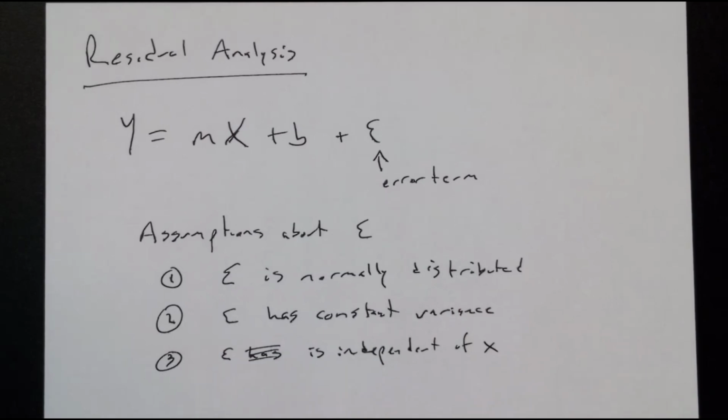So it doesn't mean that larger values have larger errors or larger values have smaller errors. It means that I get the same kind of error regardless of where I am in the line.